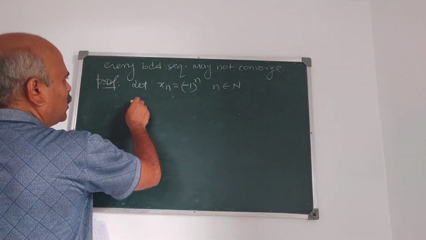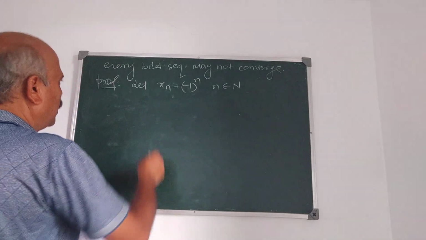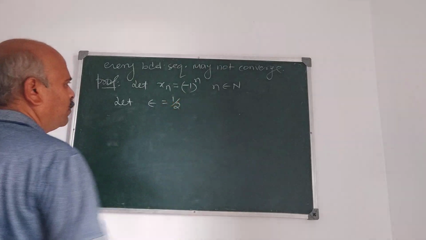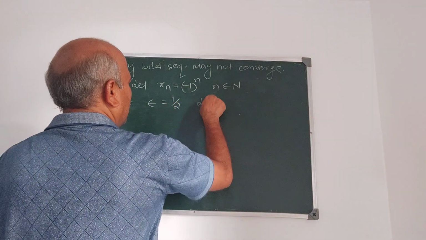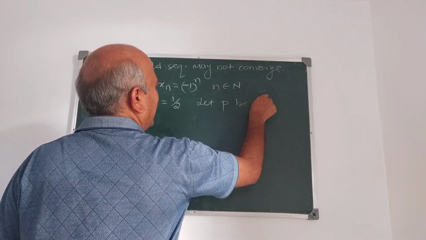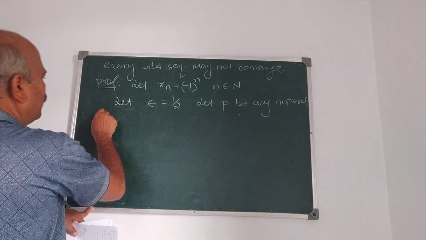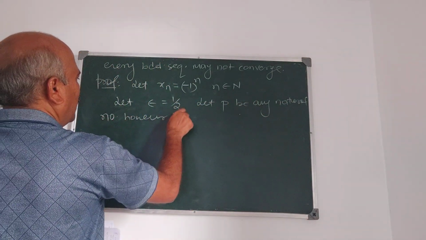Why doesn't it converge? To prove that it doesn't converge, let us take epsilon equal to half. Let p be any natural number, a positive integer, however large.